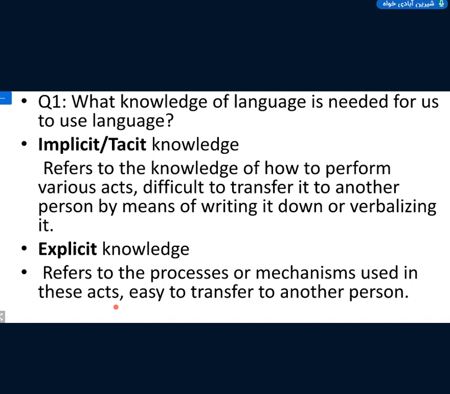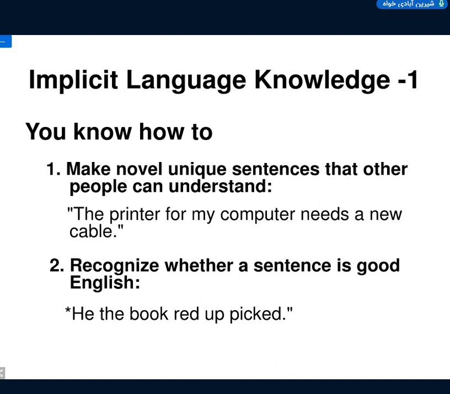But in other cases, how I have remembered them, how I am producing them, it may be difficult for me to explain to you. So in addition, implicit linguistic knowledge includes, for example, that you can make novel, unique sentences.